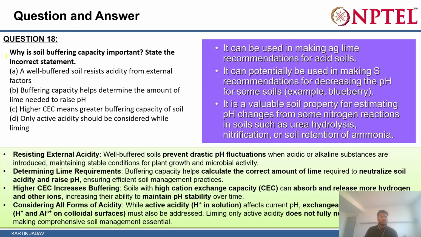Question number 18. Why is soil buffering capacity important? State the incorrect statement. Buffering capacity is resisting pH change. It can be used for making a lime recommendation for acidic soil, and it can potentially be used for making recommendations for decreasing pH of soils. It is a valuable soil property for estimating pH changes for some nitrogen reactions in soil such as urea hydrolysis, nitrification, and soil retention.